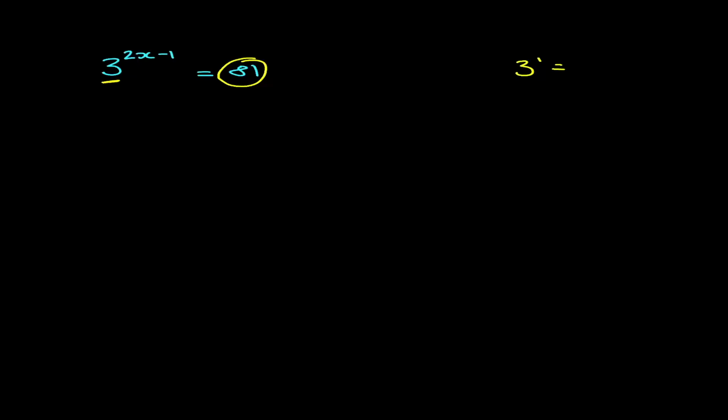So 3 to the power of 1 is just 3. 3 to the power of 2 is 9. 3 to the power of 3 is 27. And 3 to the power of 4 is my 81. Boom.